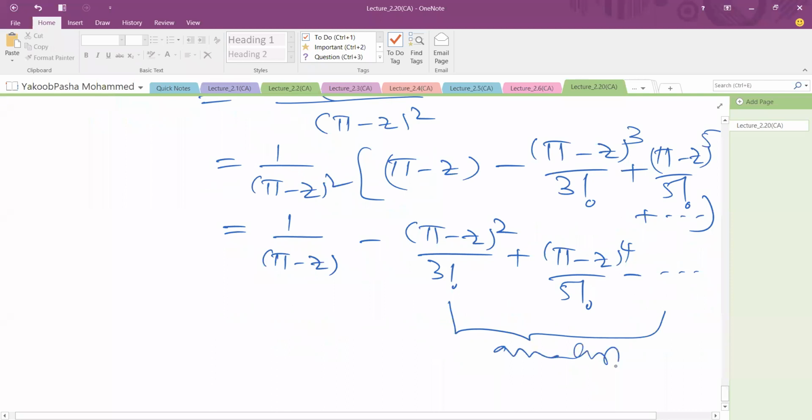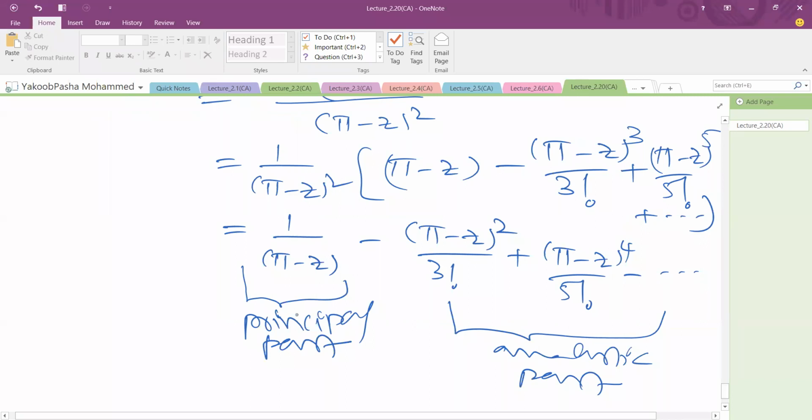Here, without considering the sign, just the denominator. Okay, so it is a principal part. Principal part, that means z is equal to pi only one time.